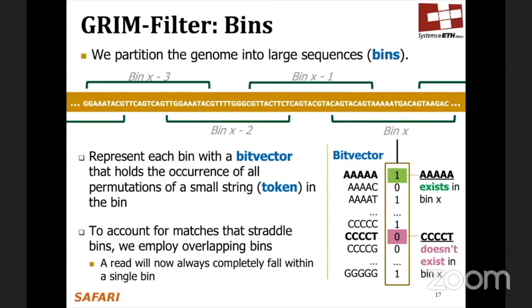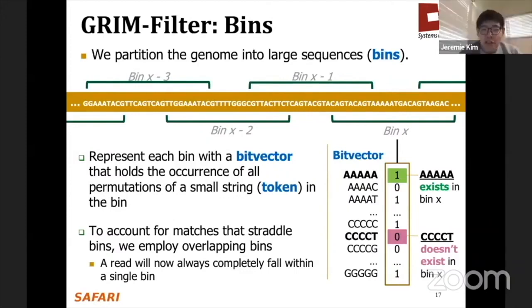I see. And do you consider the reverse complement of the strand or just the forward strand? Yeah, that's a good question. So we only look at the forward string. But I guess in hindsight, we probably should have been looking at the reverse complement as well, because those are also valid alignments.